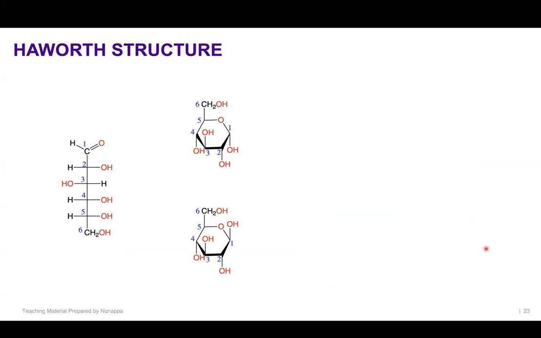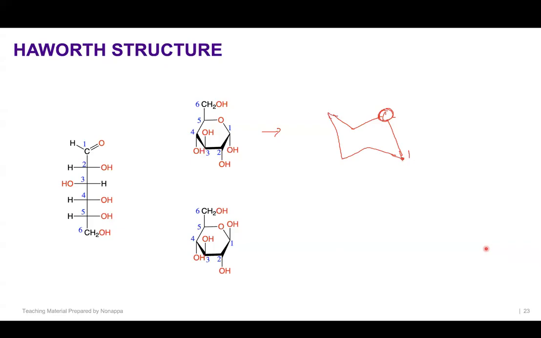There is one more structure, that is the chair form of the cyclohexane-like structure. So how to get that structure? Essentially you write a cyclohexane-like structure, very simple, the same as writing a cyclohexane. Now this is the same oxygen.